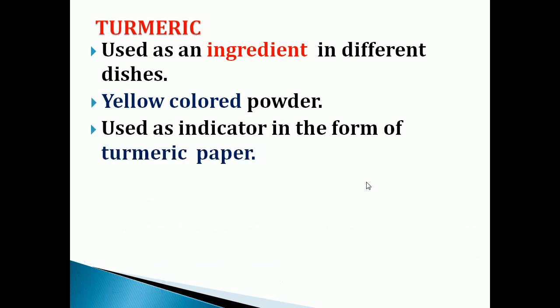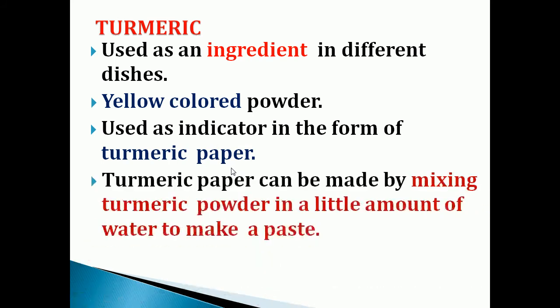It is also used as an indicator in the form of turmeric paper. So how can we prepare turmeric paper? Turmeric paper can be made by mixing turmeric powder with a little amount of water to make a paste.